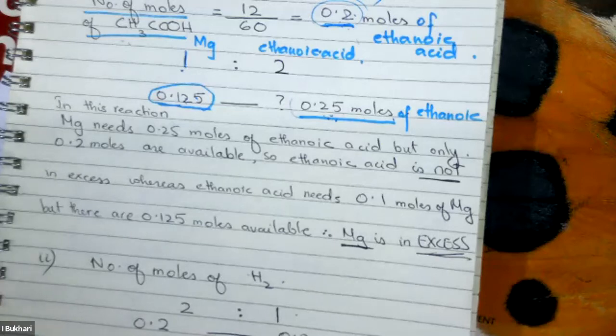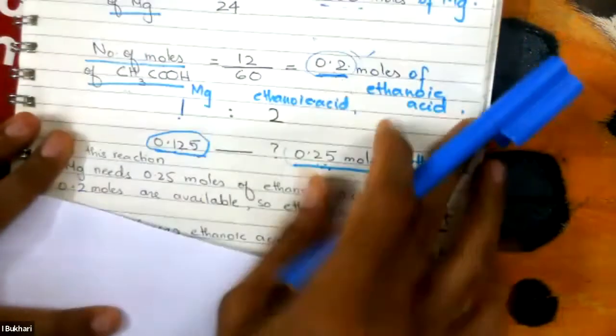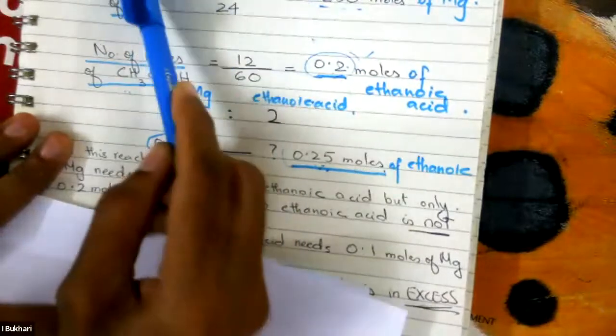Miss, can you explain why did you use the ratio method once you found out the 0.2 moles? Sorry, can you please repeat your question? Miss, why did you use the ratio method when you already found out the moles? Because the ratio method will tell me how these two substances will react.